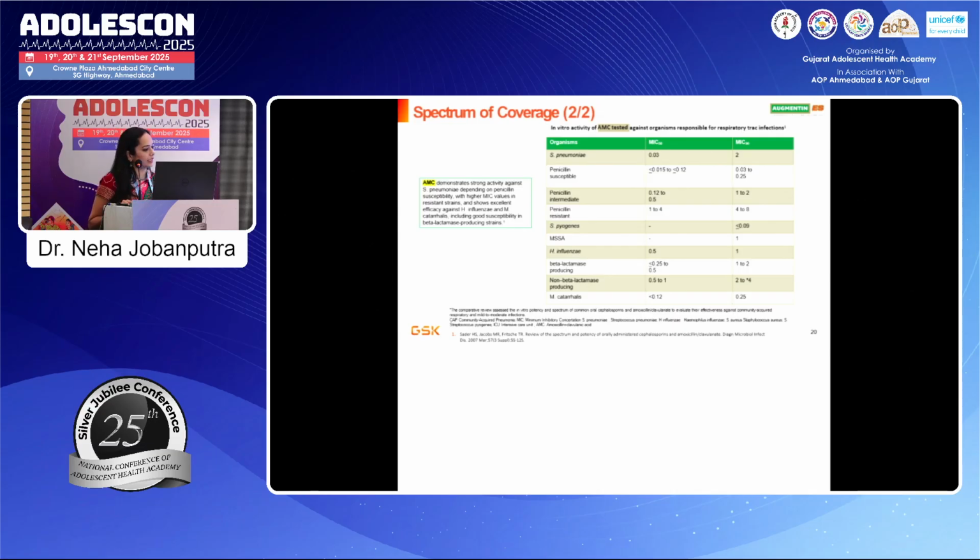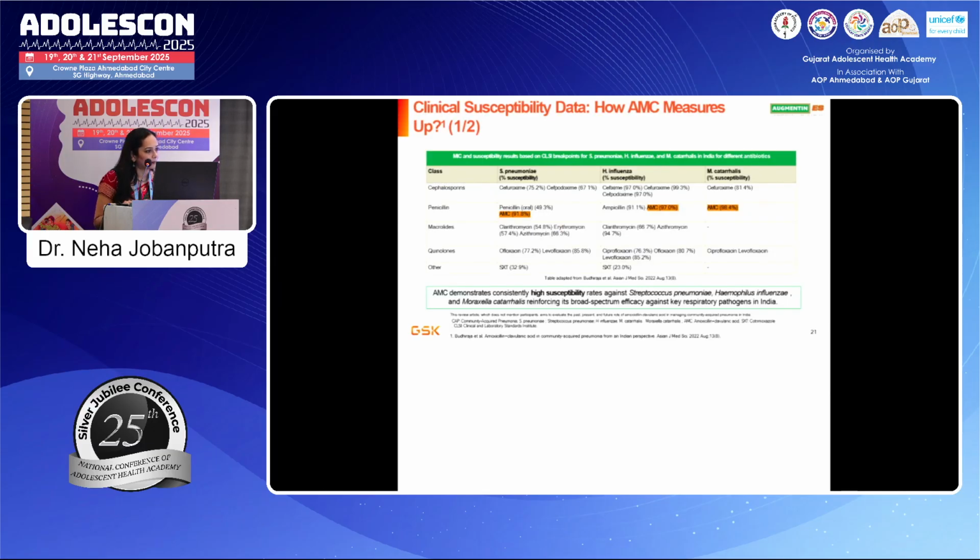So AMC demonstrates strong activity against Strep pneumoniae, depending on the penicillin susceptibility, with higher MIC values in resistance ranges, and shows excellent efficacy against H. influenzae and M. catarrhalis, including good susceptibility in beta-lactamase producing strains.